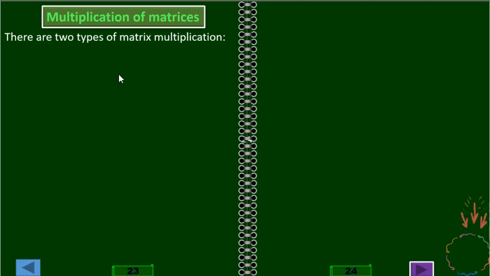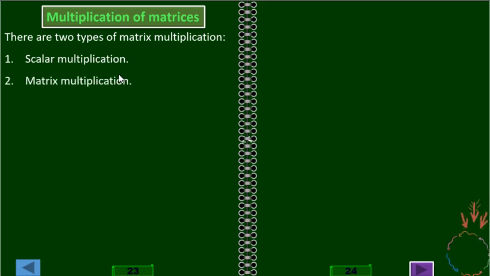Number 1 is called scalar multiplication, and number 2 is called matrix multiplication. Scalar multiplication means we are multiplying a matrix by a number, by a constant. Matrix multiplication means we are multiplying a matrix with another matrix.